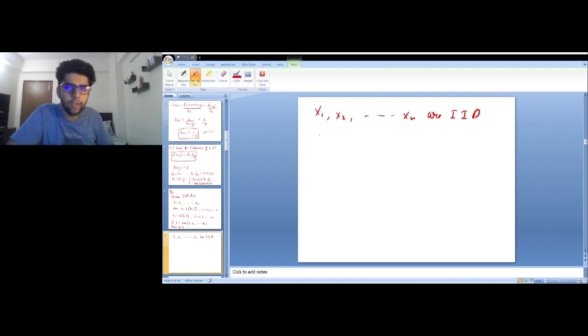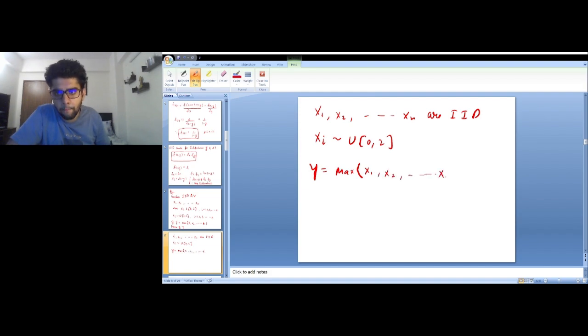Each of these variables is uniformly distributed on 0, 2. Now we need to find the mean of y, where y is the max of all of these variables. I have also discussed one max min question on my channel earlier. You can refer to that question, it will help you a lot. And I need to find the mean of y.